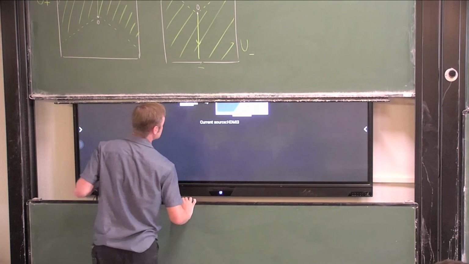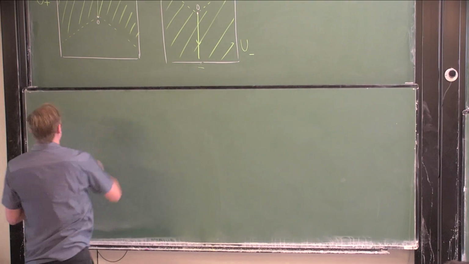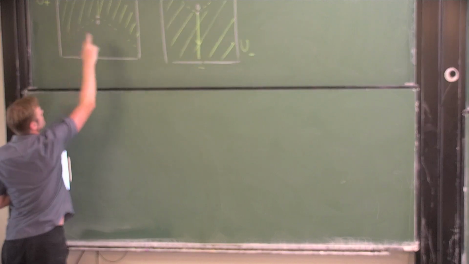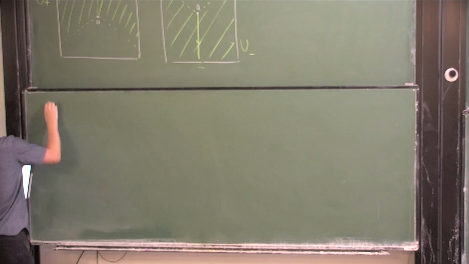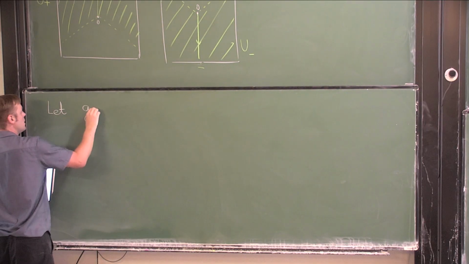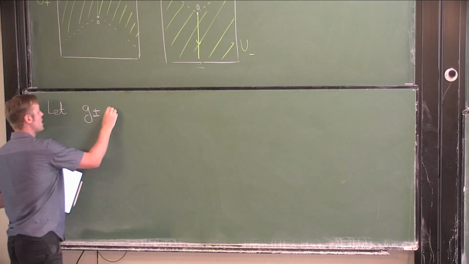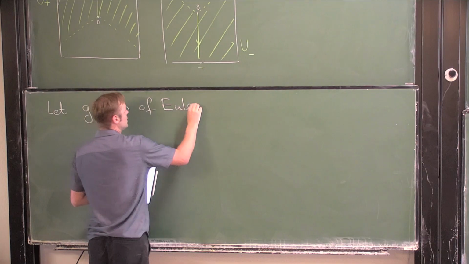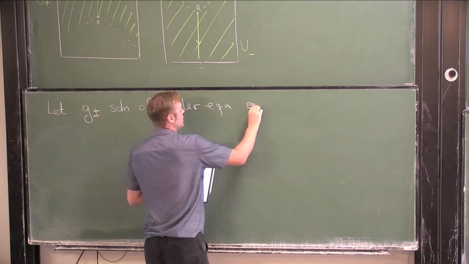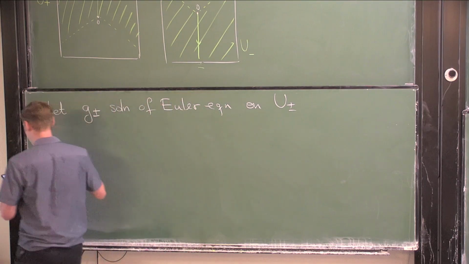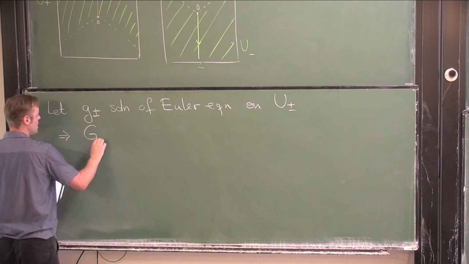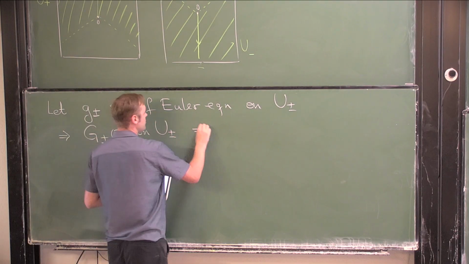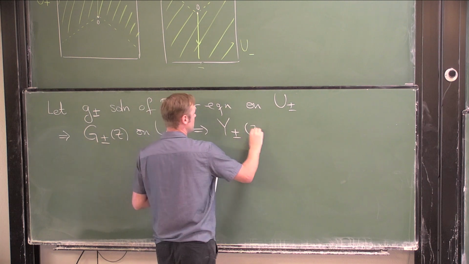So by that argument, I have two sectors with a selected direction. So I get two solutions of the Euler equation on U plus and U minus, and that gives me two gauge transformations on the two sectors, and therefore two fundamental solutions.